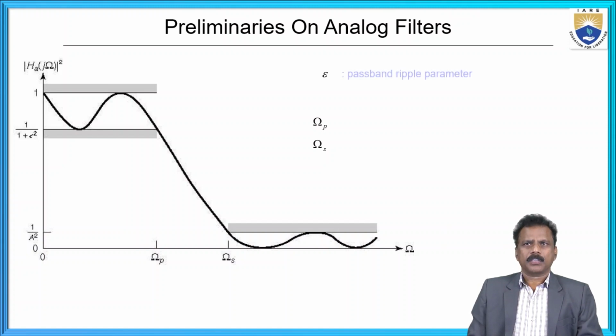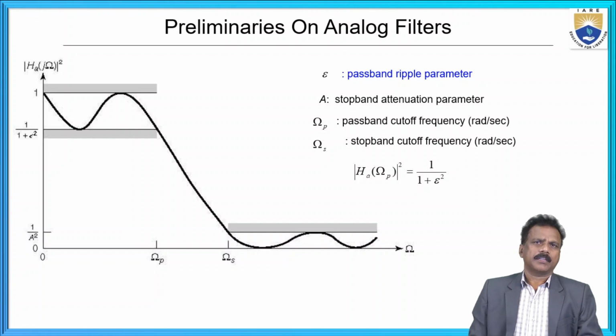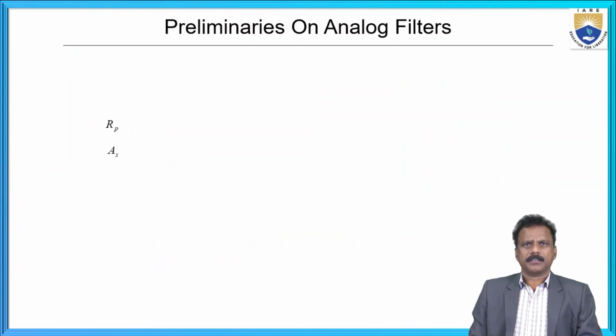Here is the pass band ripple, and capital A is the stop band attenuation parameter, and omega p is the pass band cutoff frequency, with units of radians per second, and omega s is the stop band cutoff frequency in radians per second. Like this, H_A of omega p whole square is equal to 1 over 1 plus epsilon square. These are the preliminaries on analog filters.